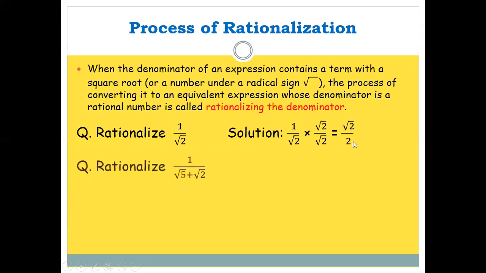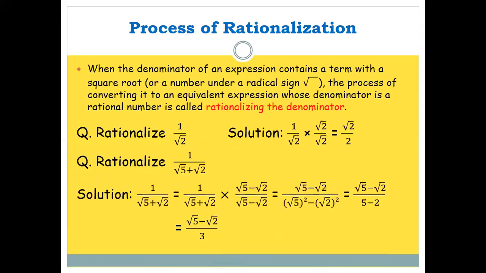Similarly, you can have the other example here. We have 1 upon root 5 plus root 2. We are supposed to rationalize it. So how can we remove the root sign from root 5 and root 2? What we need to do here is that we need to multiply root 5 plus root 2 with root 5 minus root 2. So we have to multiply the numerator and denominator with the same value, so that we get an equivalent value here.